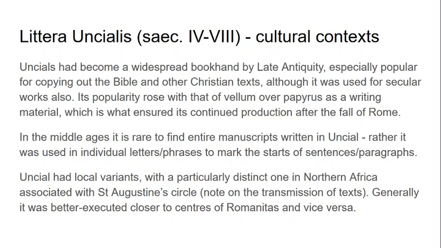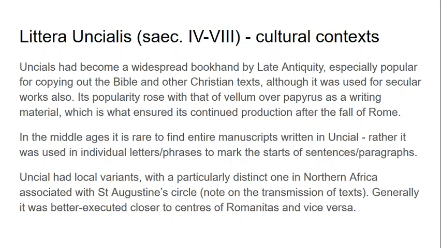In the Middle Ages itself, to go back to Uncial script, it is rare to find manuscripts that are entirely written in Uncial. That's sort of a feature of late antiquity and the Roman Empire. But Uncial script is used in individual letters or phrases to mark the starts of sentences or paragraphs.